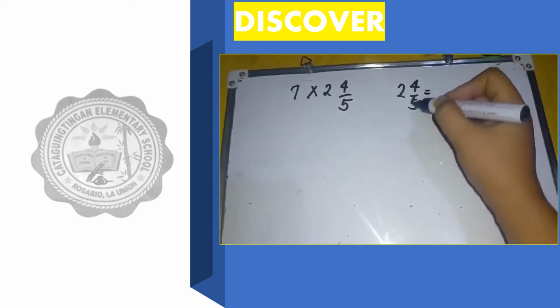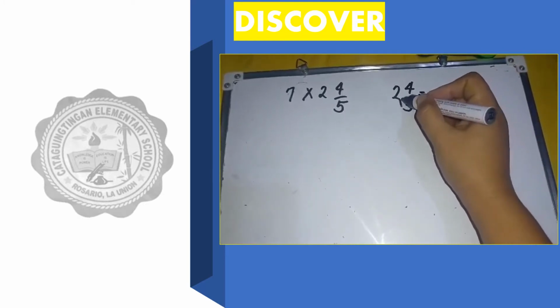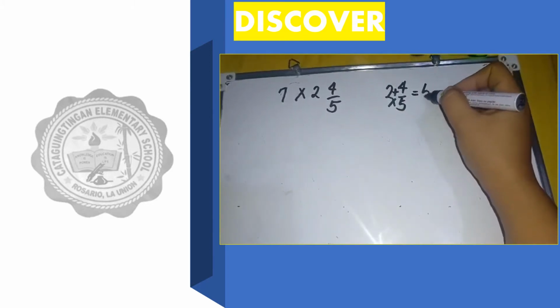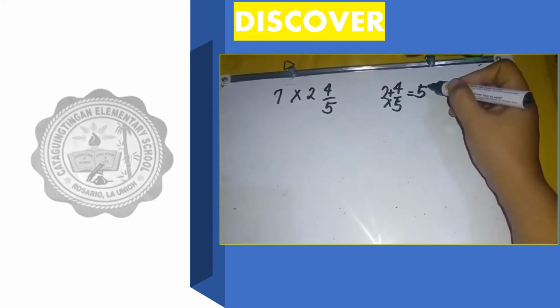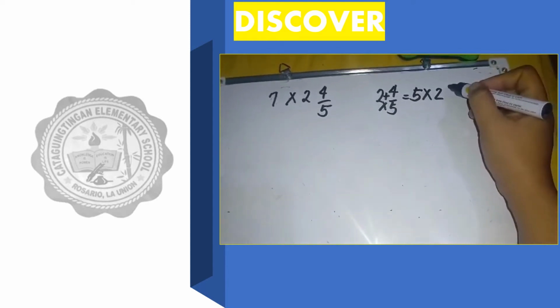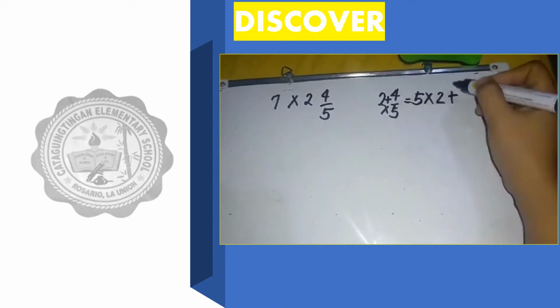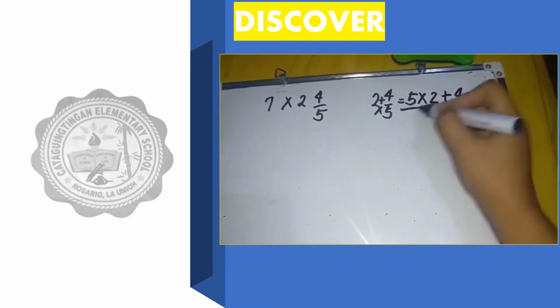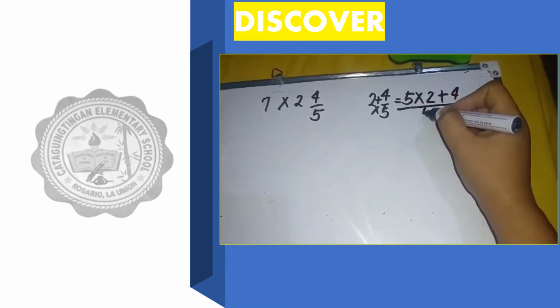So, ganyan lang yan. 5 times 2 plus 4. Then, we will copy the denominator, which is 5.